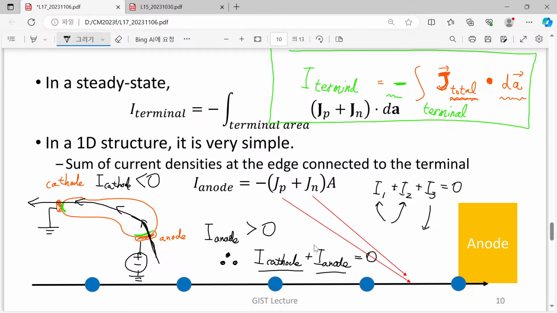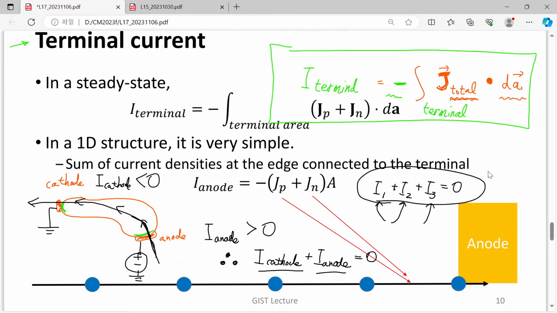Or a better way is, even in this case, we must calculate I3 individually and check whether the current conservation is really holding or not. Check this equality.